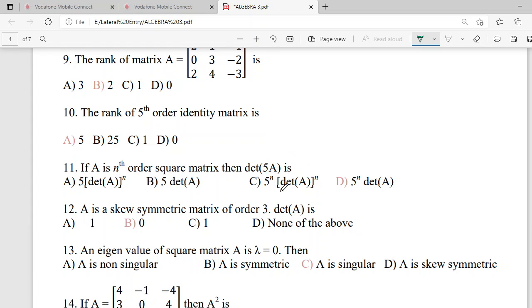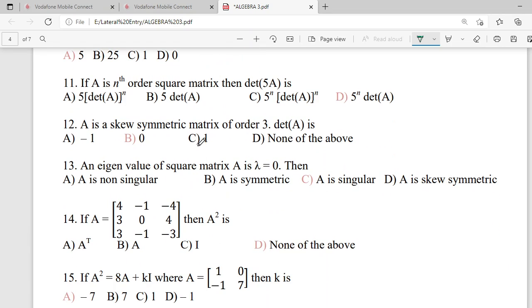So from n rows you are taking out 5 to the power n, and the other factor is determinant A. So your answer is 5 to the power n, determinant A. Then A is a skew symmetric matrix of order 3, then determinant A is 0.